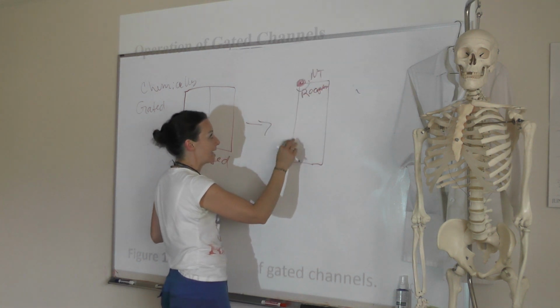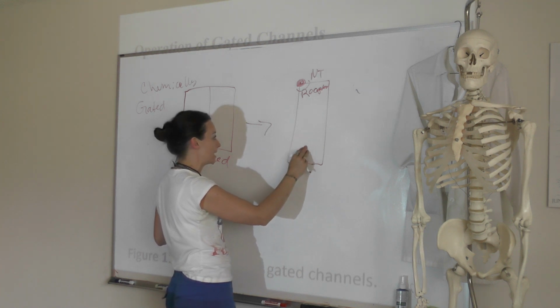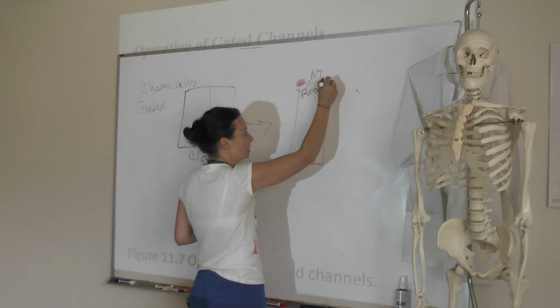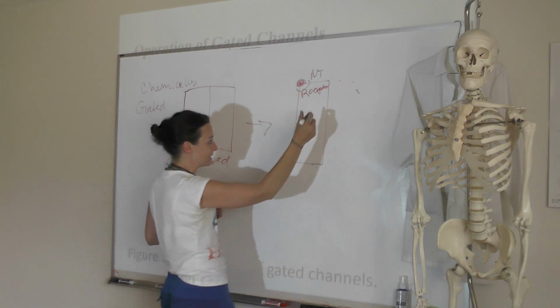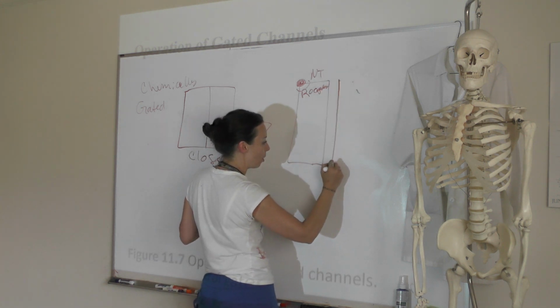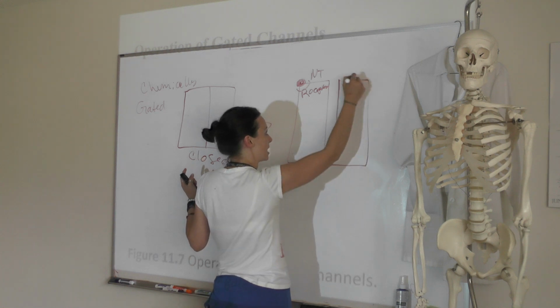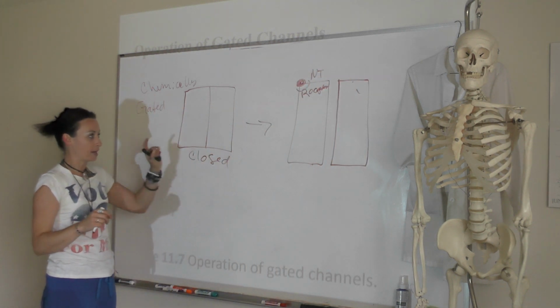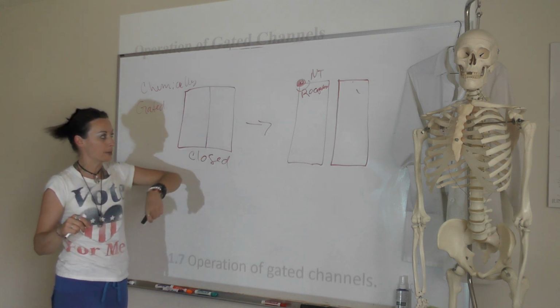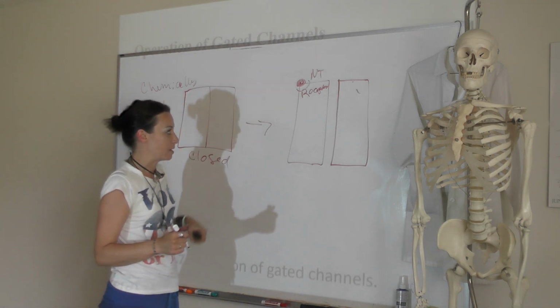So this is a ligand-gated or chemically gated channel. It's also a neurotransmitter receptor. When the neurotransmitter binds to its receptor, it will open this gate. That's the key to the gate: the neurotransmitter. Chemically gated channels, the key to their gate is a chemical that's a neurotransmitter. When it binds, this gate opens.